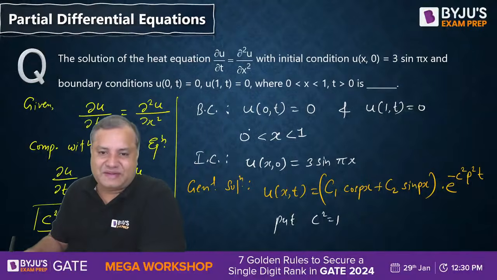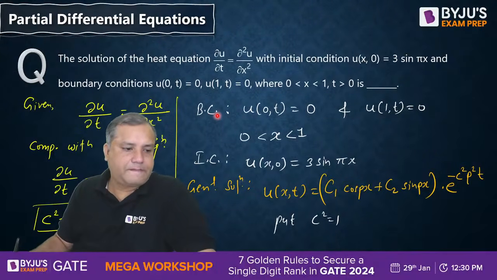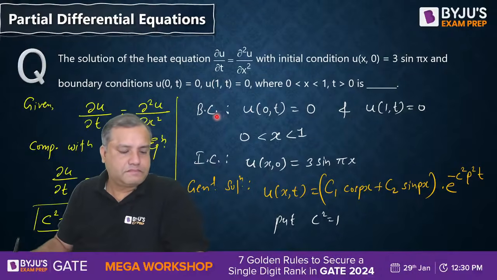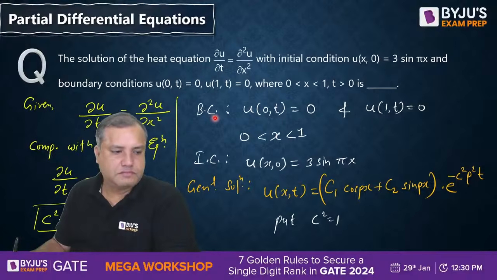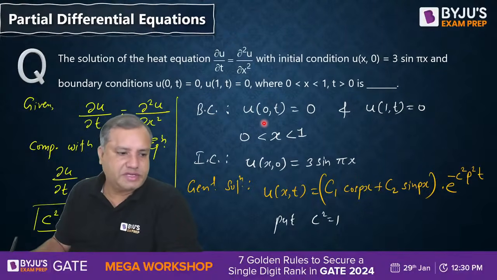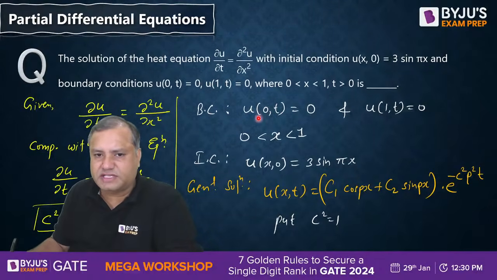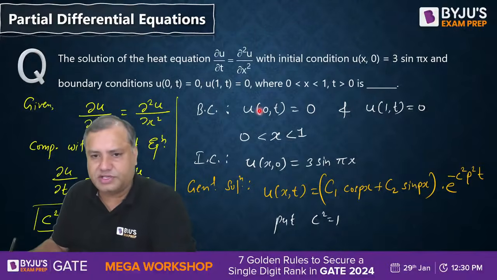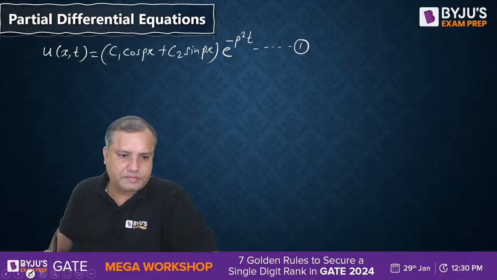Now see here, boundary conditions. U of 0 comma t equal to 0. It means x is 0.